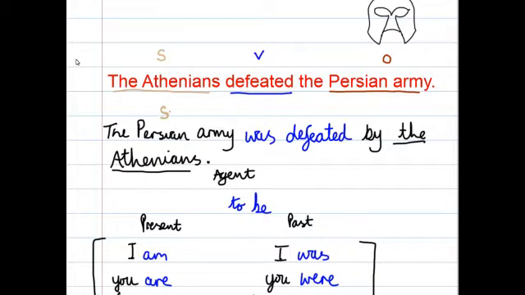So that's how we construct the passive voice. So it's kept the same meaning because the Persian army is still being defeated no matter what, but it shifts the focus a little bit. It shifts the topic of the sentence. So no longer is the Athenians the topic, it's the Persian army. The Persian army was defeated by the Athenians would be the passive, and the active is the Athenians defeated the Persian army.